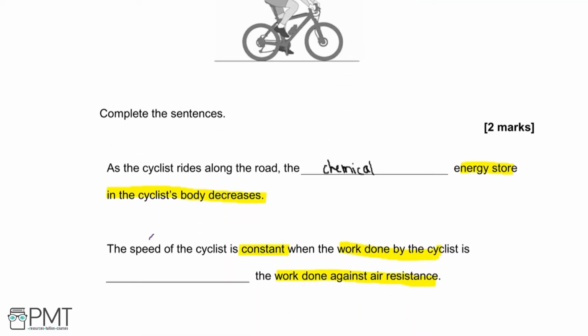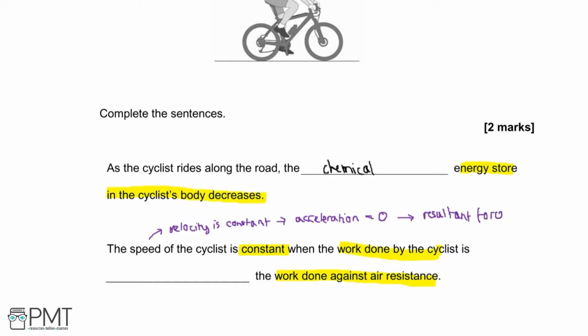Because their direction is not changing, that means their velocity is constant. And what we know when velocity is constant is that their acceleration equals 0, because acceleration equals change in velocity over time. If there's no change in velocity, then it equals 0. What we also know is that this means the resultant force on the cyclist equals 0.